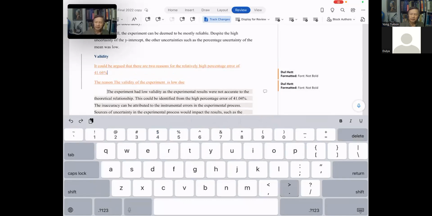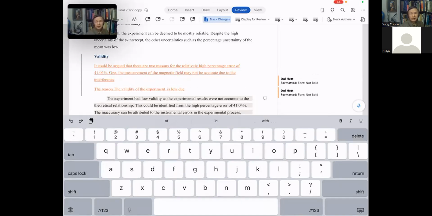Number one, you just bracket. One is the measurement of the magnetic field may not be accurate due to the inexperience of using the magnetic field sensor.